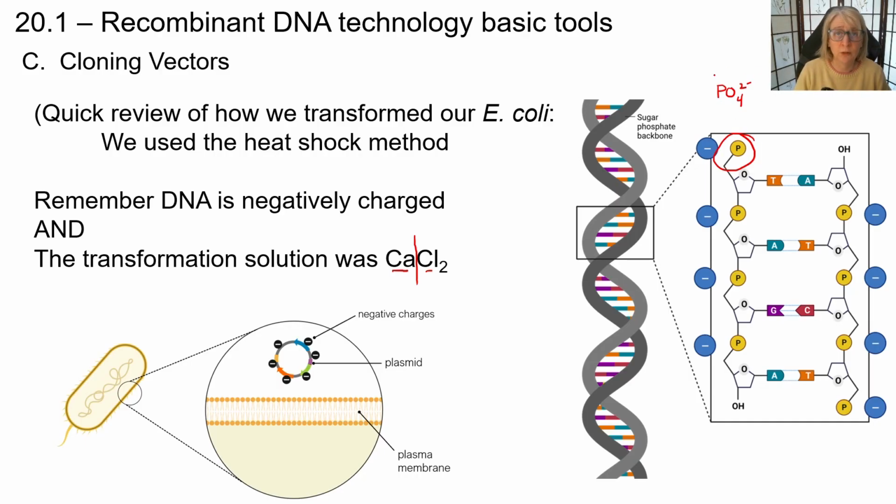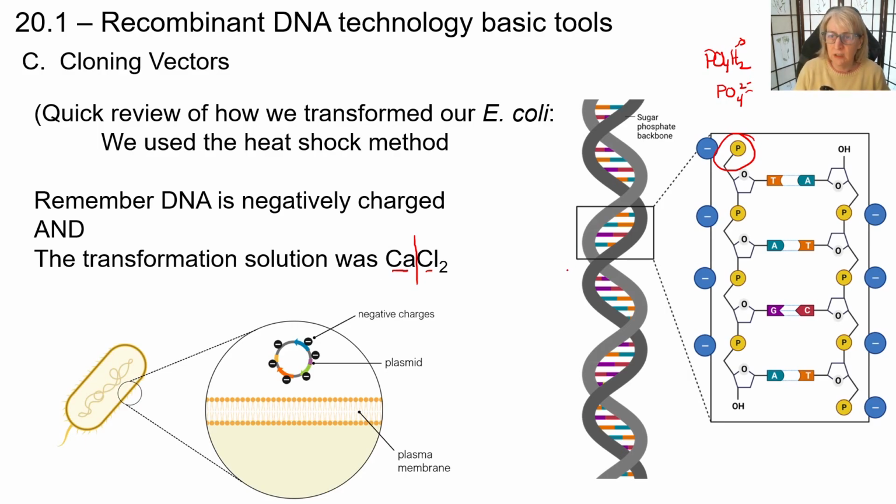For those of you in orgo, they would have been PO4H2. They give up these hydrogens, the protons, in solution. So this is also the source of the deoxyribonucleic acid. This is the acid part, and they're also negative. We're going to use this again in another part of this lecture.